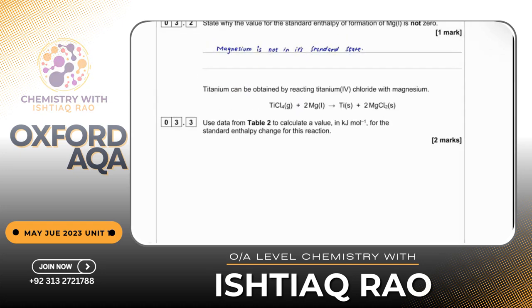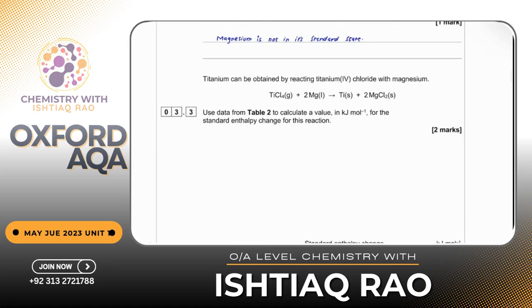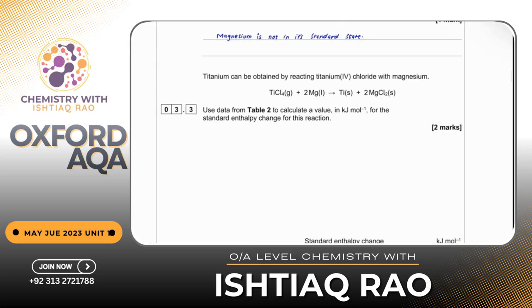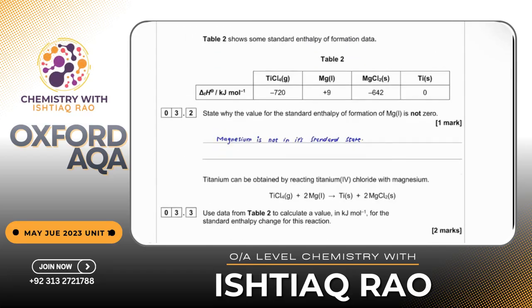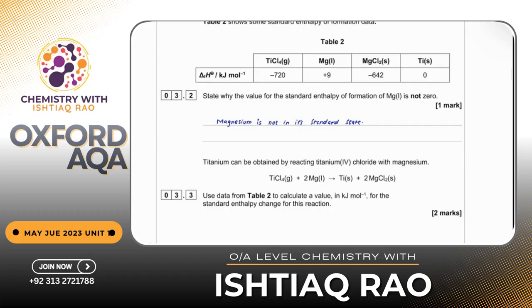Titanium can be obtained by reacting titanium 4 chloride with magnesium. Use the data from table 2 to calculate a value in kilojoules per mole for the standard enthalpy change for the reaction. So it's Hess's law basically, and the data given is formation data. If the formation data is given, the formula is product minus reactant.